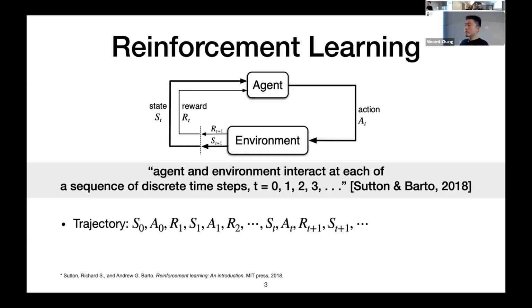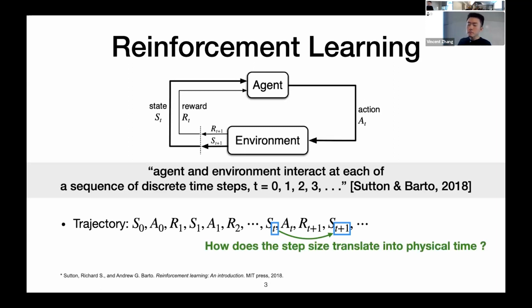We end up getting trajectories like this, again indexed by t, t plus 1, t plus 2. Here the t refers to the time steps. And we might wonder, how does this step size translate into physical time, especially when we try to apply RL to physical systems that run in continuous time?